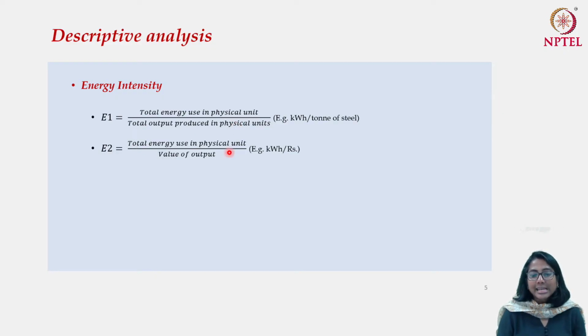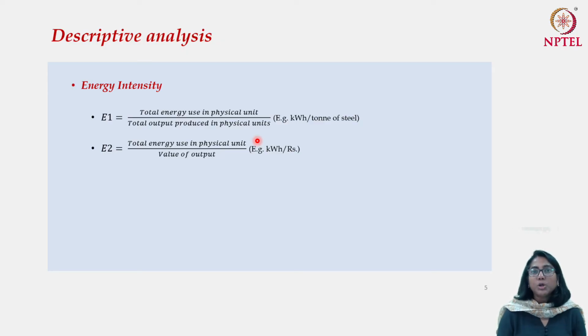However, you can still keep the energy used in physical units, because with energy, the good thing is that when we were discussing the measurement, we have already come across the conversion factors. So even if you have different forms of energy, different forms of fuel, you can take out the heat content of that fuel and convert everything to something like kilowatt hour, or gigajoule, or whatever you come across.